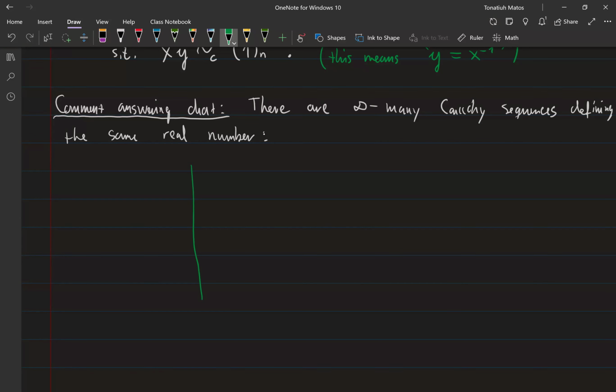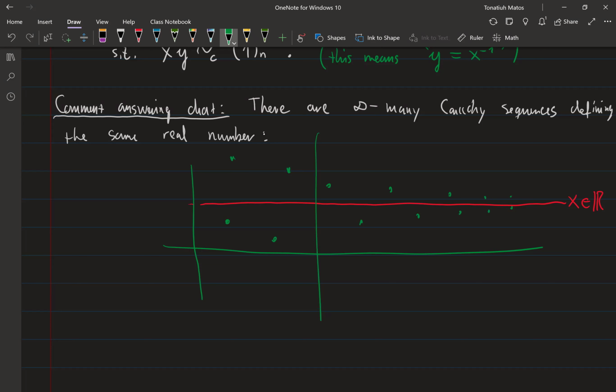Let's do this with a sketch. So let's suppose that you have a Cauchy sequence that's defining a real number, right? So these numbers approach each other, but of course, what we want this to be in the end is we want this to approach the real number, right? This is the real number represented by this Cauchy sequence, intuitively. So one thing you can do is you can just cut it off at the beginning, someplace.